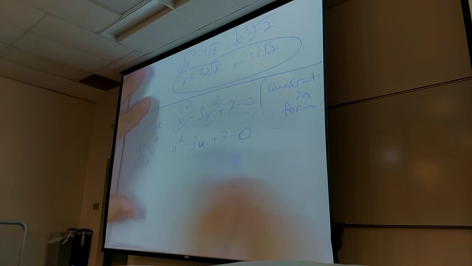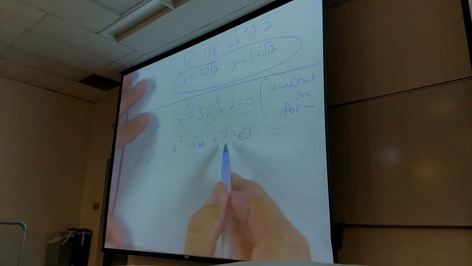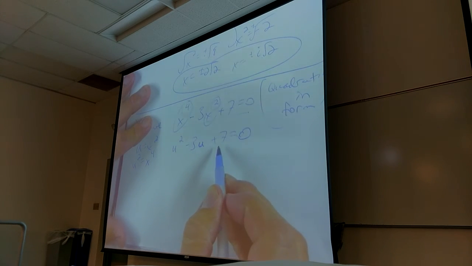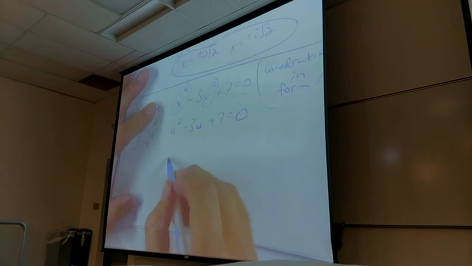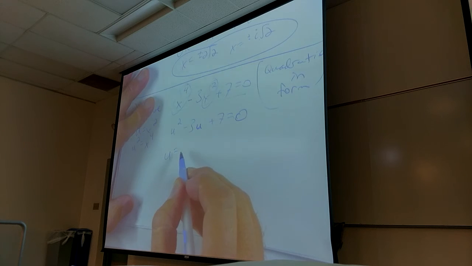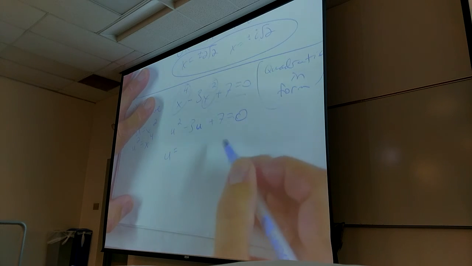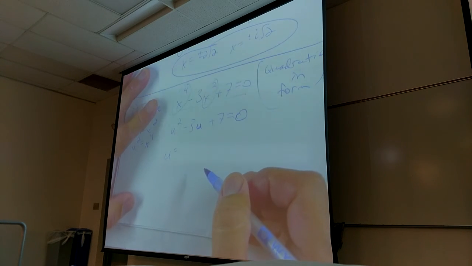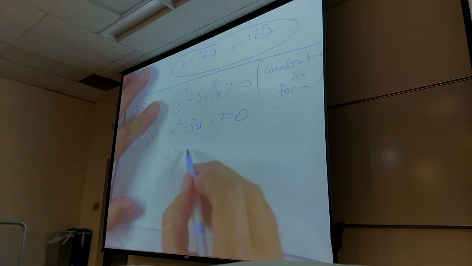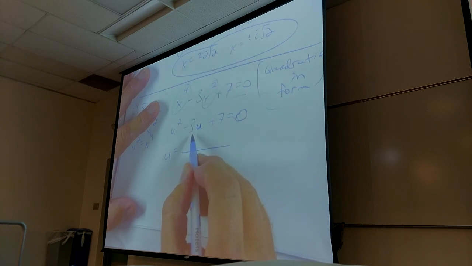So how would I figure out what u is first? What do I do here? Can I factor that? No. So what do I do? Quadratic formula. I could do completing the square if you really love it. But how does quadratic formula get set up? Yeah, negative 3 is 3.